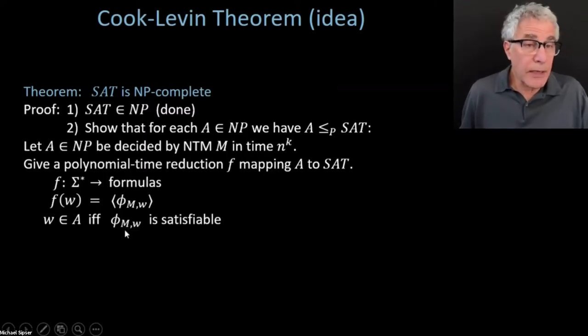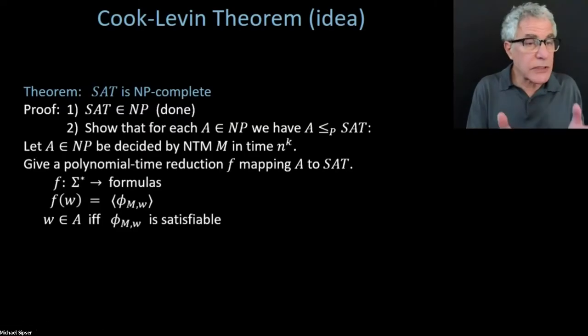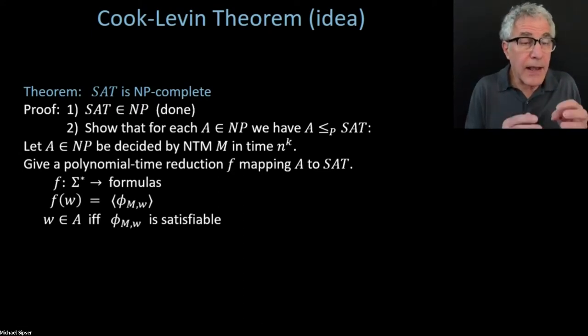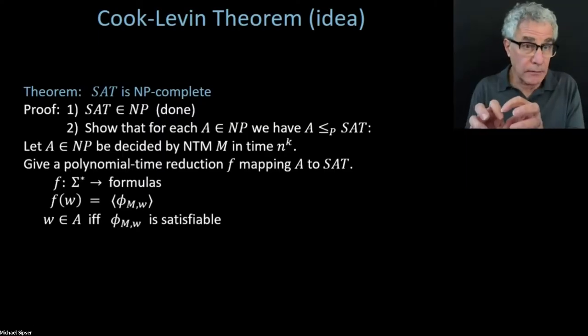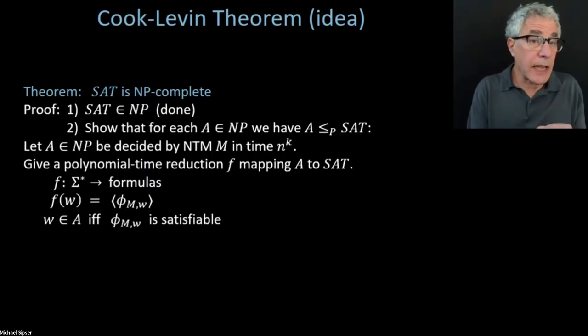The formula depends upon M and W. That's why it's written in this way. We've seen that kind of thing before. So my job: we have this language A in NP, and some string W, which might or might not be in A. I have to quickly, in polynomial time, produce a formula which is satisfiable exactly when the string W is in A.